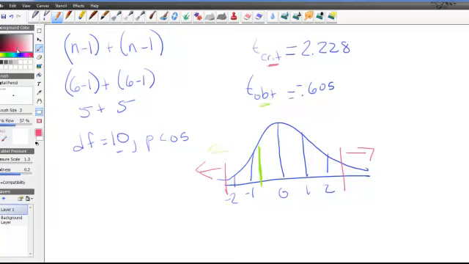So the rejection region would be this stuff out here, this stuff out here, and of course those should be equivalent. My drawing is just that bad today. It is not in this region, so we fail to reject. Right, so we fail to reject our null hypothesis. So H sub 0, fail to reject.